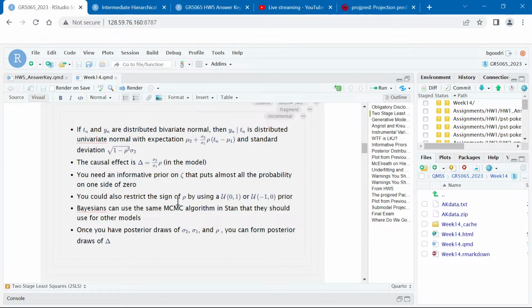The standard deviation is the original standard deviation of the outcome, scaled down by the square root of 1 minus rho squared.